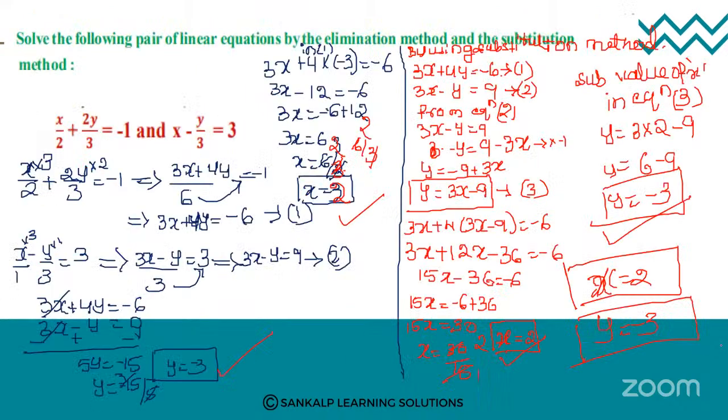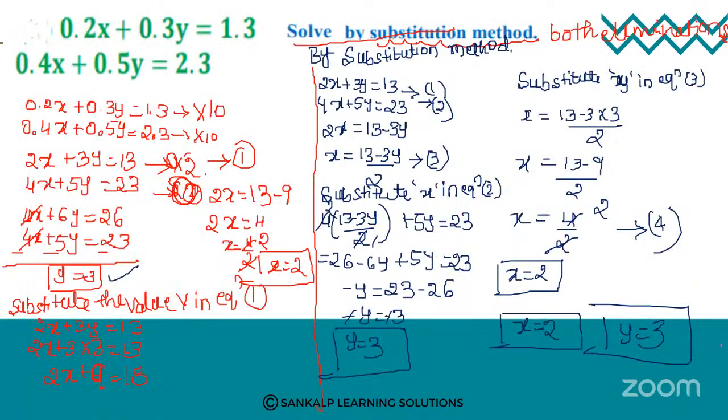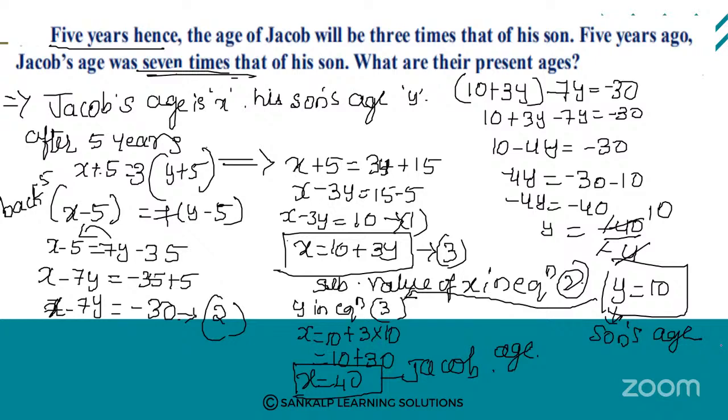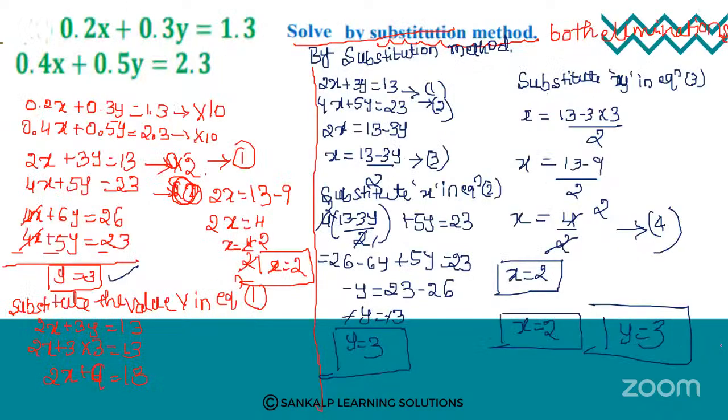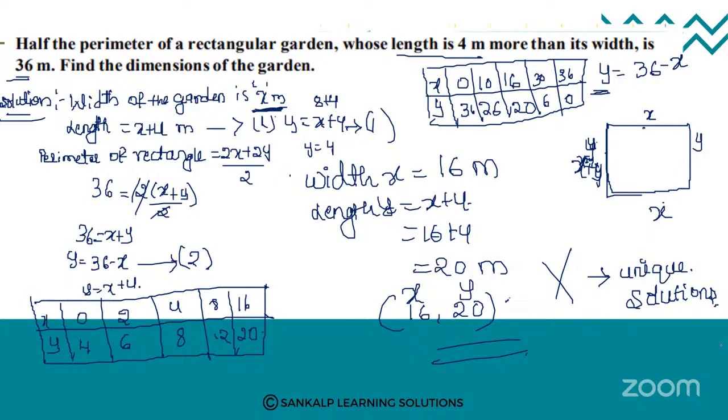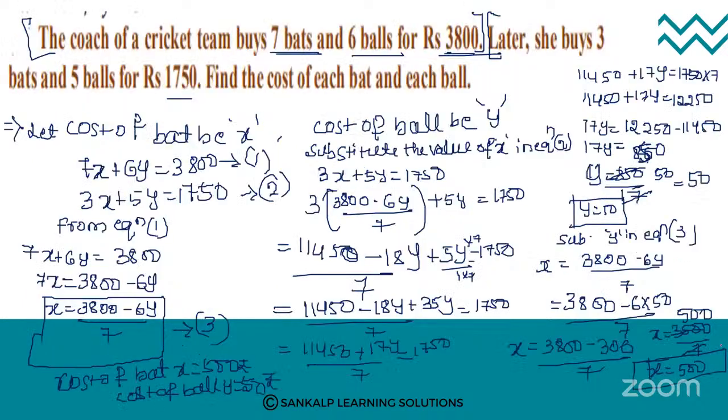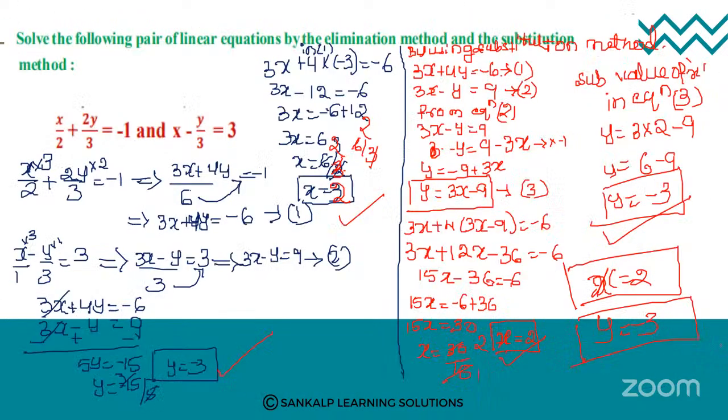So yes, my dear students, we have solved some multiple choice questions and some 2 marks questions, 3 marks questions. This can be asked for 4 marks, and this question can be asked for 4 marks, and also this can be asked for 4 marks.